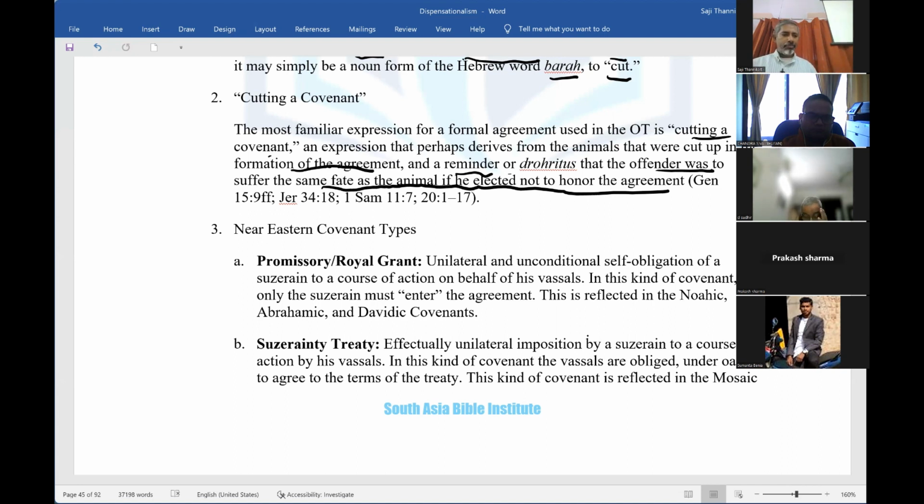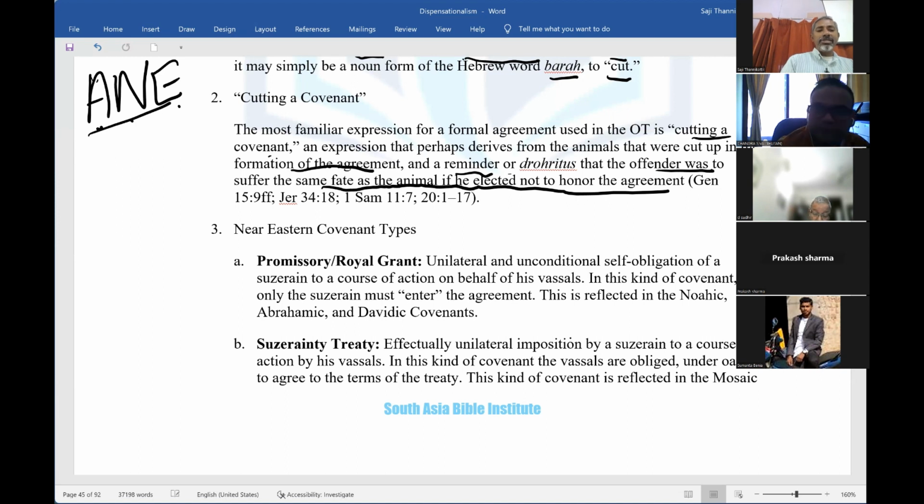Okay, let's go to covenant types. Now, in the ANE, let me say one more time, this is something that is repeated several times. ANE, what is ANE? Ancient Near East. In the land of Canaan, it's known as ANE, Ancient Near East.